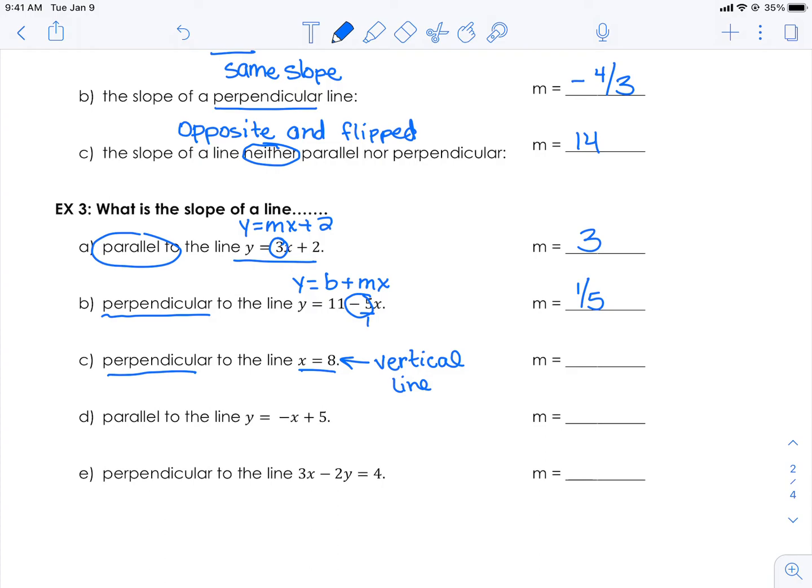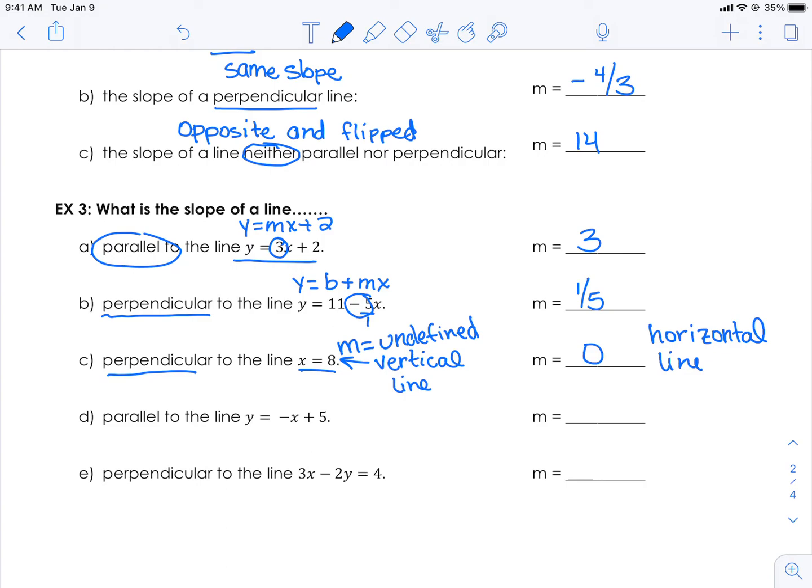First off, sorry, I'm getting ahead of myself. The slope of a vertical line is undefined. And the only thing that's opposite of undefined is 0, which would be the slope of a horizontal line. So that's you having to piece things together that you've been taught.